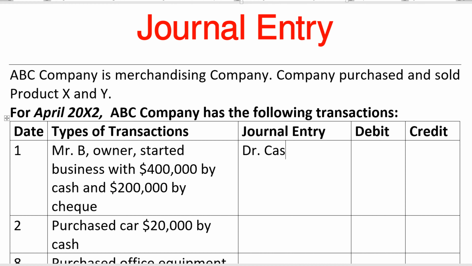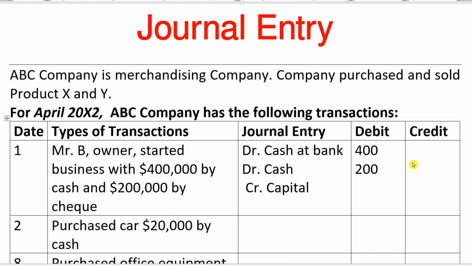Debit cash at bank 200,000, and debit cash 400,000. And credit capital 600,000.